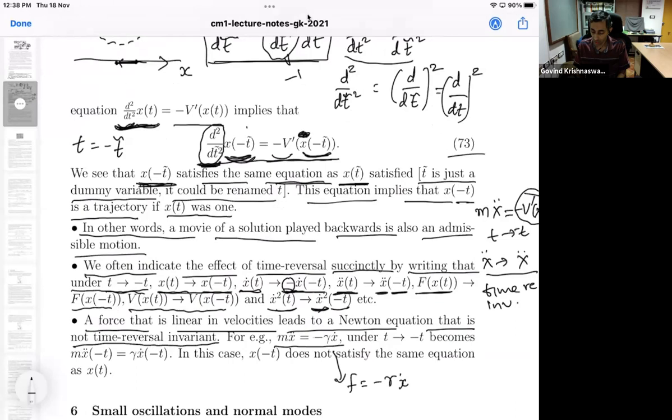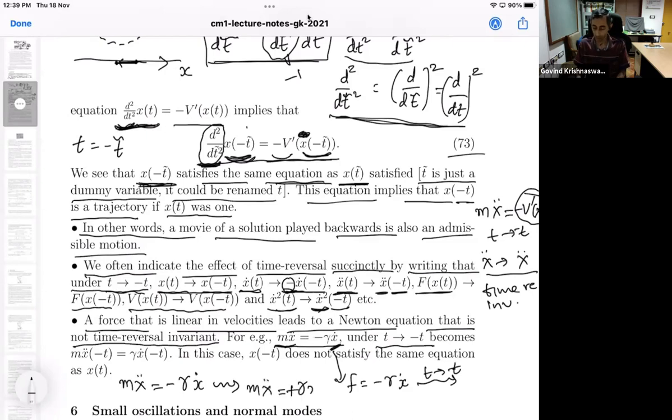Now, under time reversal, the left-hand side will not change in sign, because we just argued that the second derivative does not change in sign. That is what we showed here. But the right-hand side, being linear in velocity, will reverse sign. So under time reversal, m x double dot is equal to minus gamma x dot will get replaced by m x double dot is equal to plus gamma x dot.